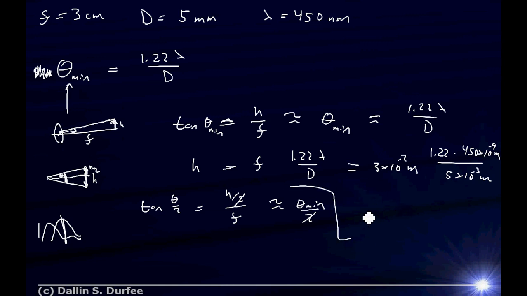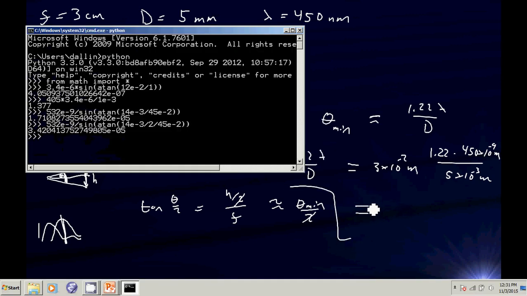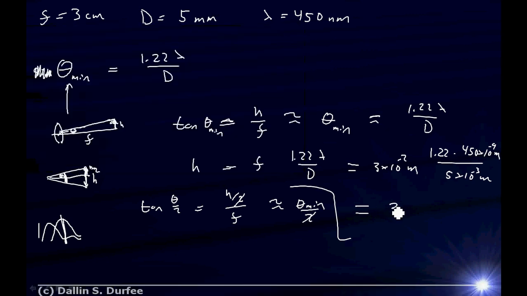All right, and so the smallest thing I can resolve then is 3 times 10 to the minus 2 times 1.22 times 450 times 10 to the minus 9 divided by 5 times 10 to the minus 3, and we get 3.29 micrometers. All right, is everyone happy with that? So that's the smallest thing we can resolve with this microscope objective.